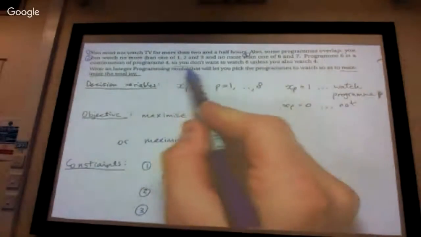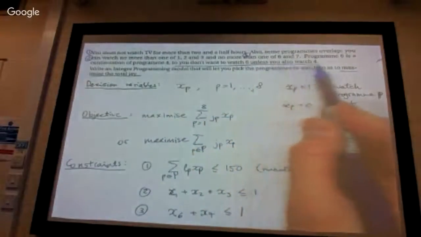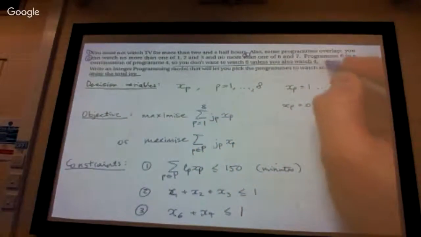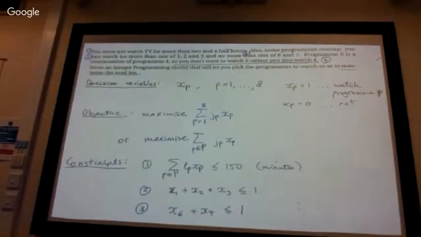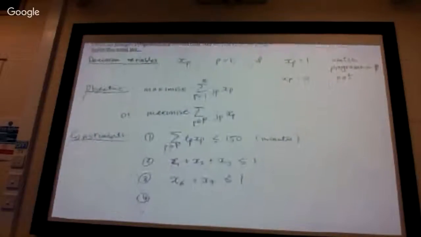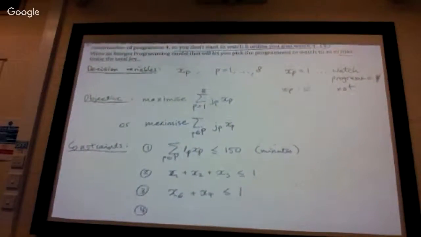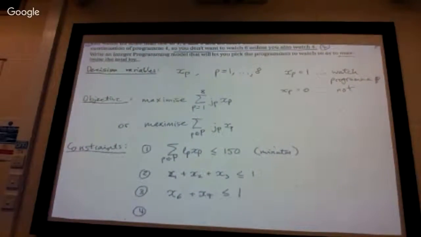And then finally, you don't want to watch 6 unless you also watch 4. How does that turn into a linear constraint? x4 is greater than or equal to x6.